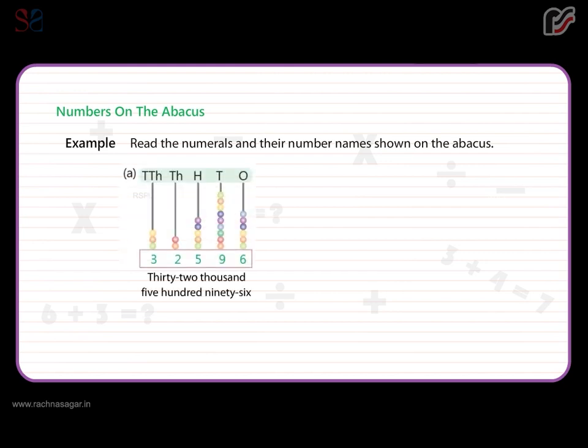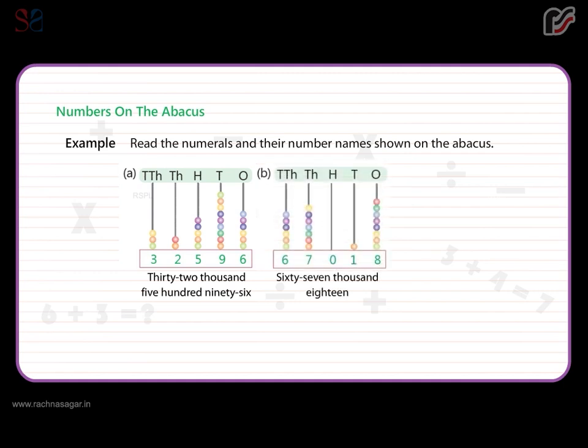A. 6 ones, 9 tens, 5 hundreds, 2 thousands, 3 10,000s. 32,596. B. 8 ones, 1 tens, 0 hundreds, 7 thousands, 6 10,000s. 67,018.